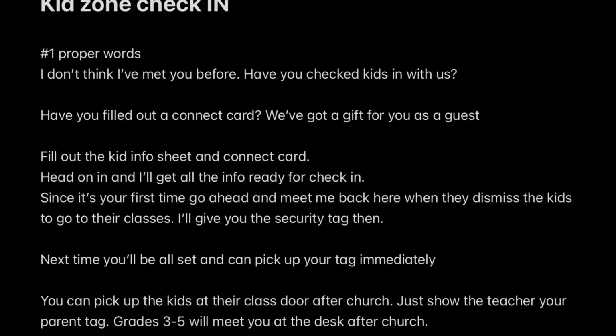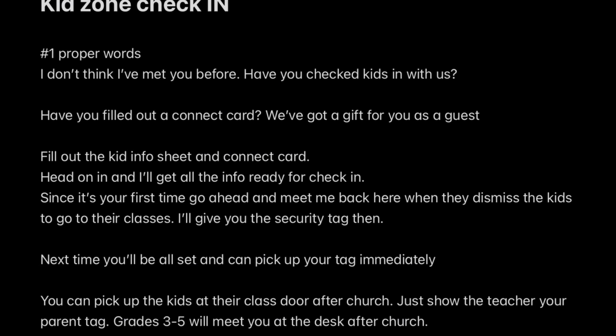Have them fill out the Connect card, and then we also have another form which is going to be in the drawer. That's the info form that they're going to fill out. Fill out your Connect card. We've got a gift for you. Fill out this info sheet so that we know what to do with your kids. Then send them into the sanctuary. Say, go on in. I'll get your security tags ready. Since it's your first time, you go ahead and go on in.